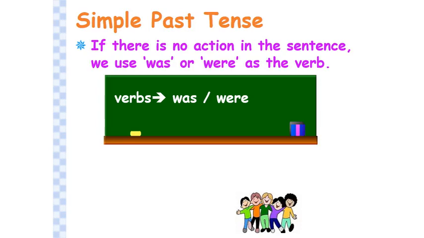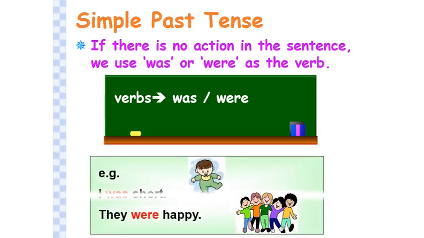Was, as I said, is an auxiliary used as the main verb for singular subjects, and were is used for plural subjects. Now if you see these examples, I was short.